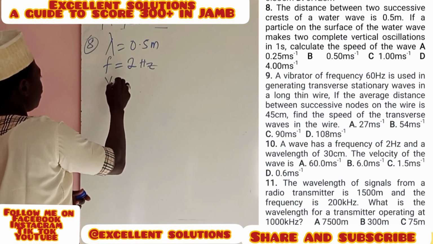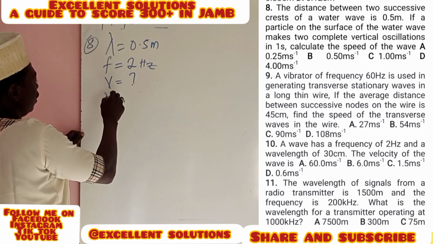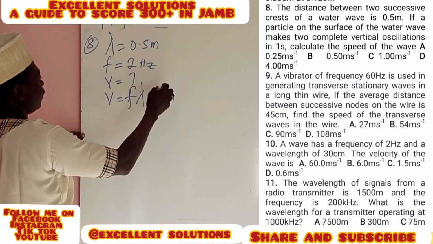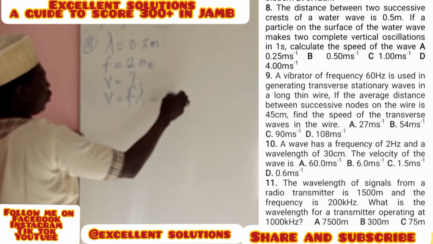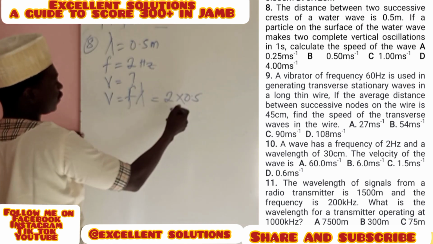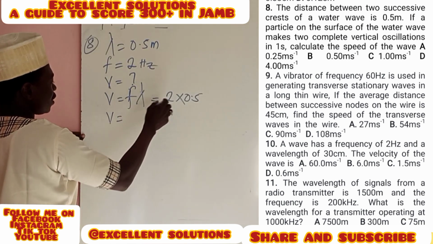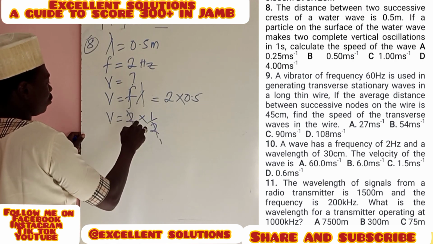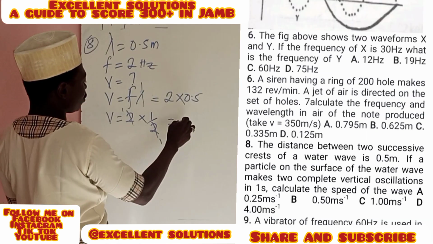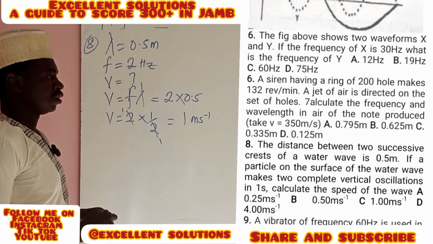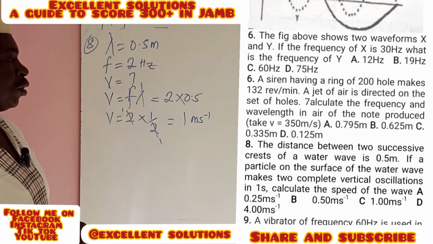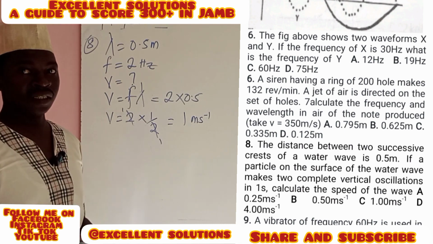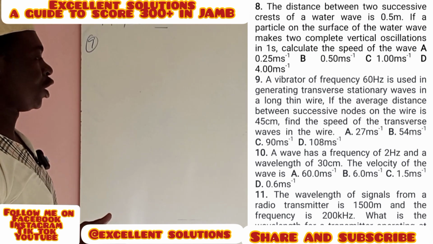We have to find V. Remember that V equals F lambda, so V equals 2 times 0.5, which is 1 meter per second. Looking at our options, option C is 1 meter per second, and the answer here is option C.